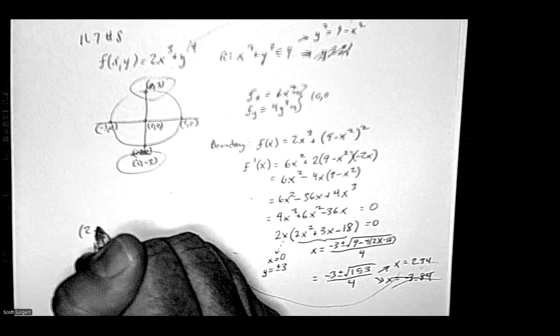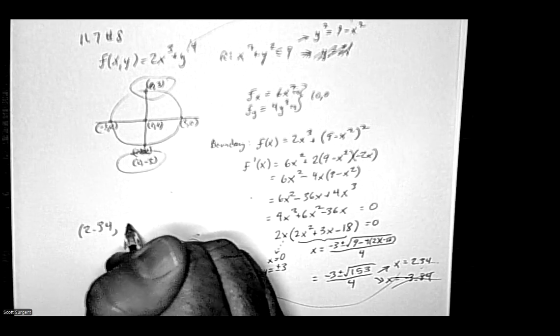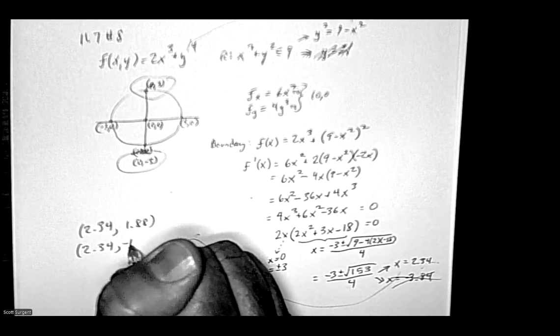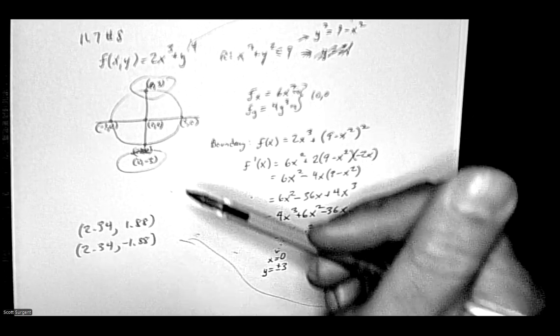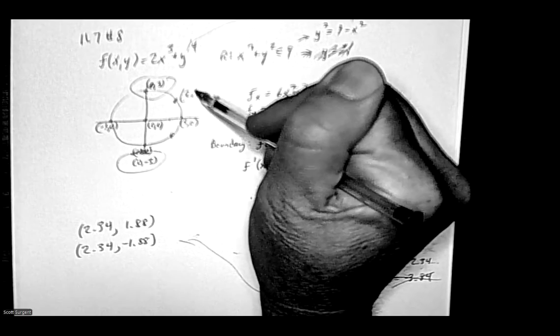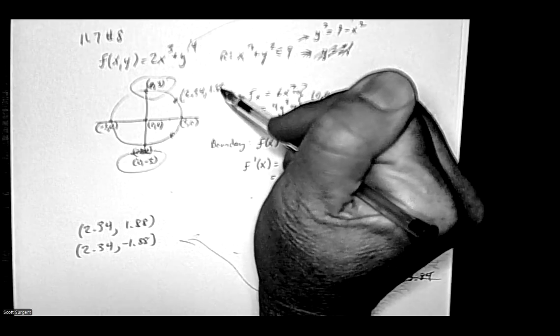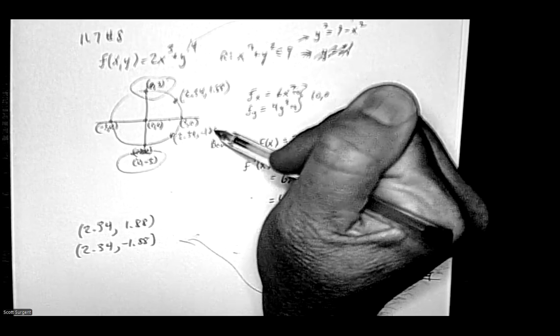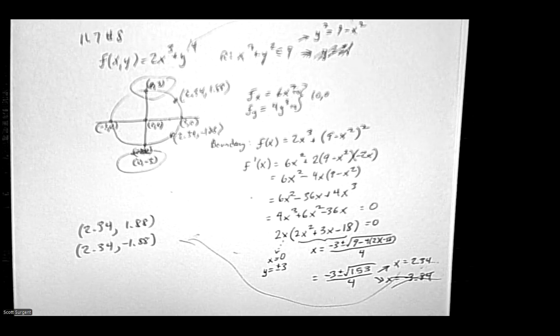I get 2.34 and 1.88. And then I get 2.34 and negative 1.88. And that's going to put me about here and here. Sorry for my sloppiness there.